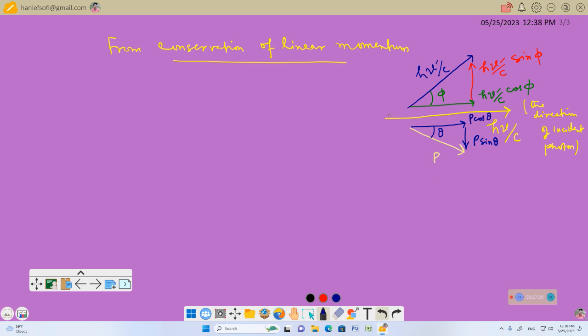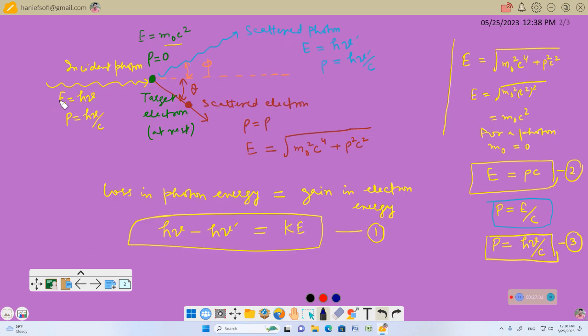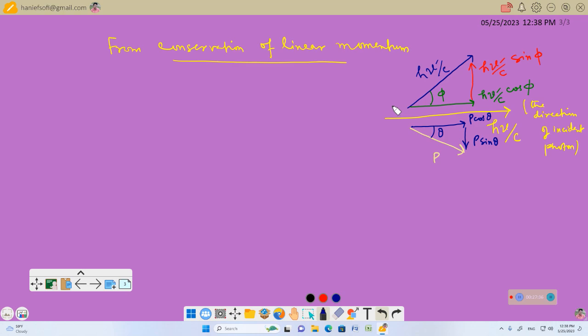I am saying initially the whole momentum of the system lies with the incident photon, which is h nu by c. So in the direction of the incident photon, momentum of the system initially is h nu by c. There is no momentum in perpendicular direction. After scattering takes place, some of the momentum is with the scattered photon and some with the scattered electron.